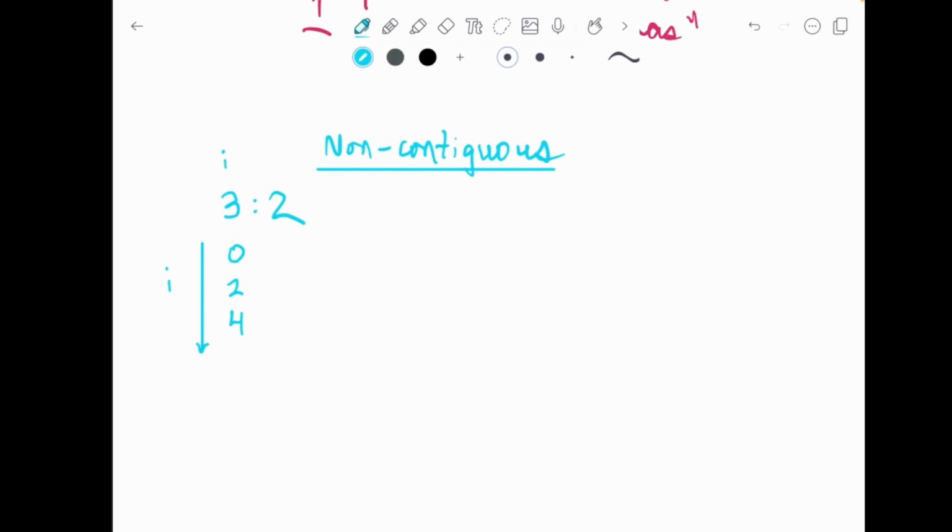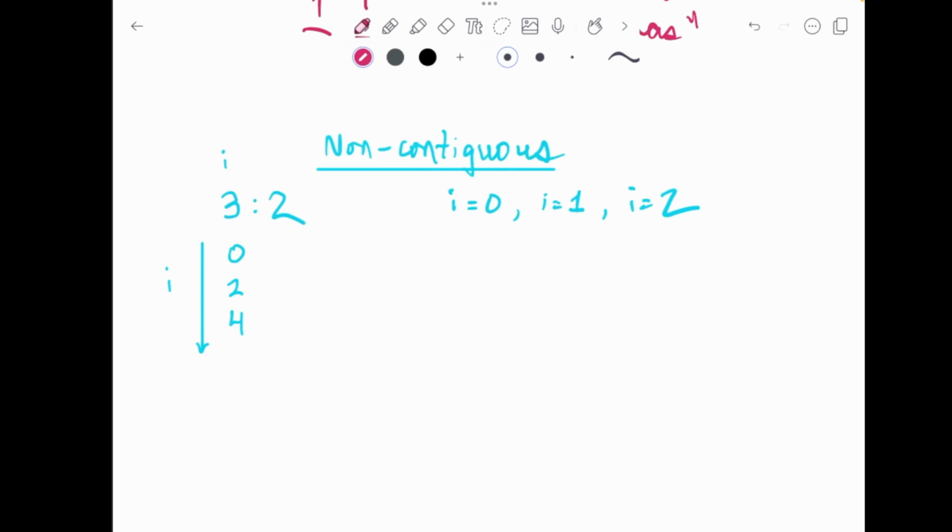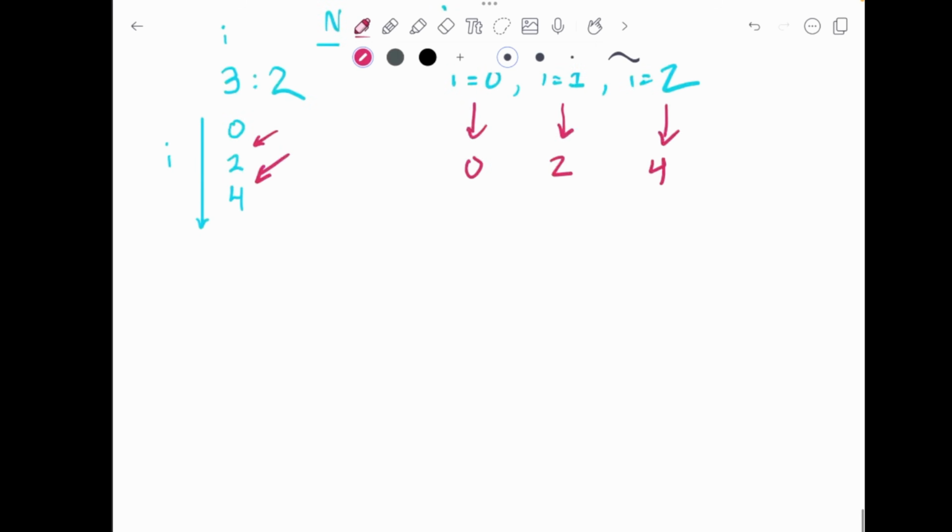It takes in I values, I equals 0, 1, and 2, those are the 3 allowable values, and outputs the offsets. This one maps to offset 0, this one to offset 2, and this one to offset 4. So there are these gaps here, and that's totally fine.